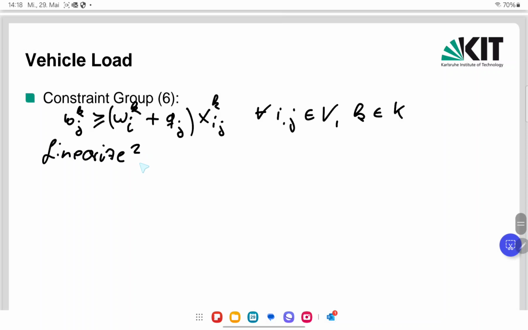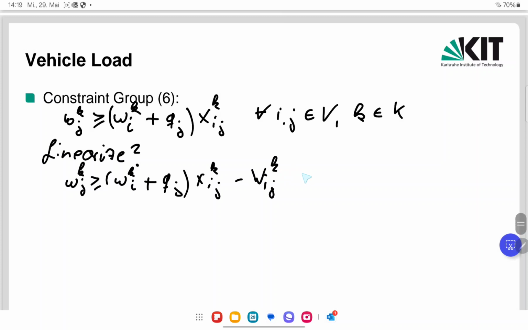Okay, so the question is now how to linearize this constraint group. It's basically the same as before. What we have done in the previous task is also just copied here. It's again Wik plus Qj, and then minus capital M, but we used that letter already, so let's use another capital letter, Wij, and the same idea as before.